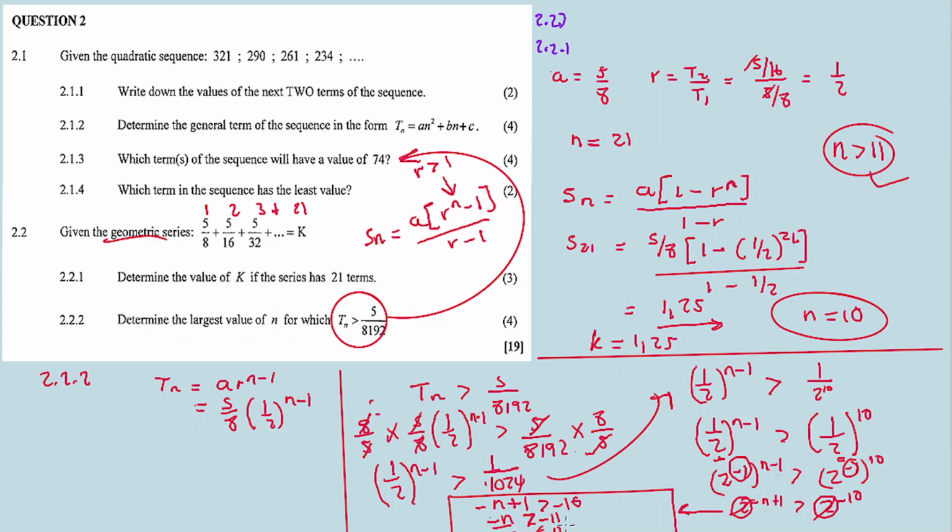Look back, n is less than 11. What values are less than 11? It's 10, 9, 8, 7. But which one is closer to 11? It's 10. So your answer will be 10.